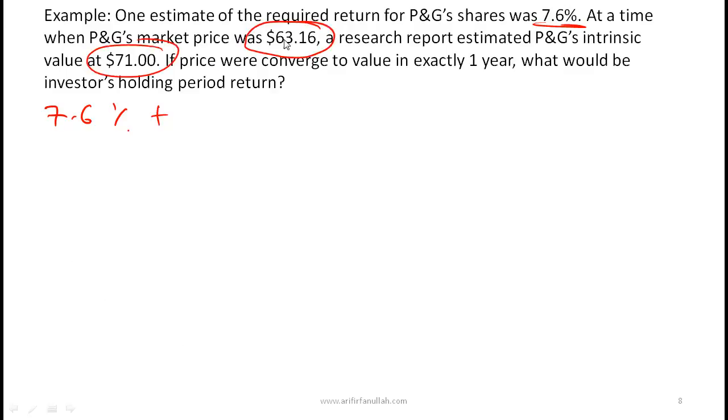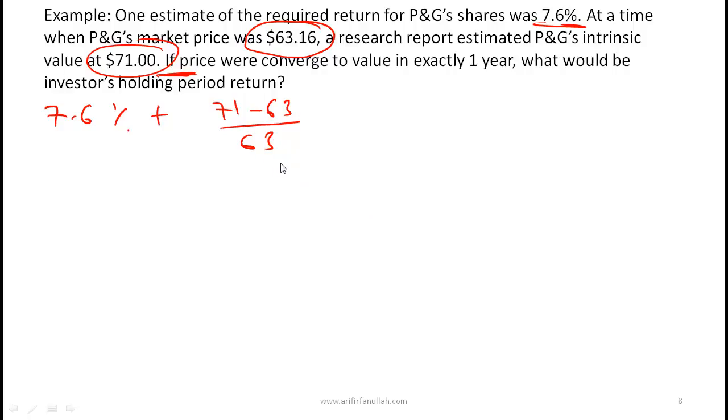That is the difference between the two, 71 minus 63 divided by 63. If the mispricing goes away, then that's the return. Obviously there is a big if. What's the if? If this price were to converge exactly in 1 year, then your return over the year would be this amount.